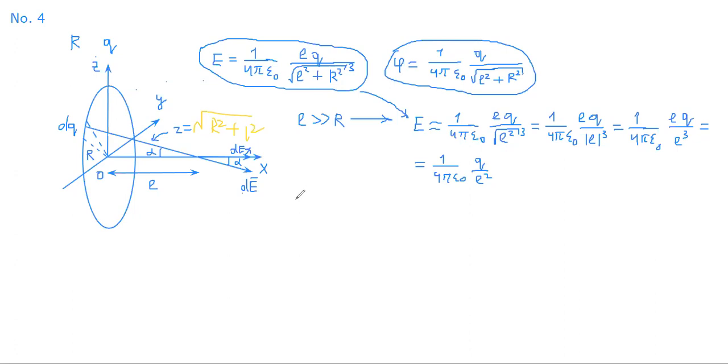For maximal or minimal value of a function, the derivative of the function is equal to 0 or does not exist. So we have to find this derivative.